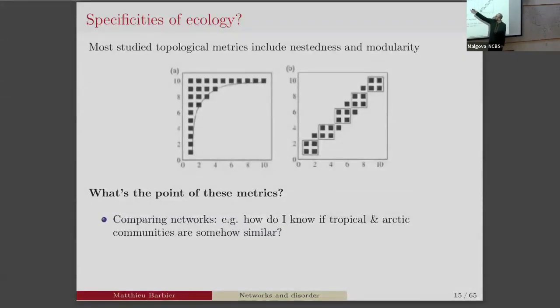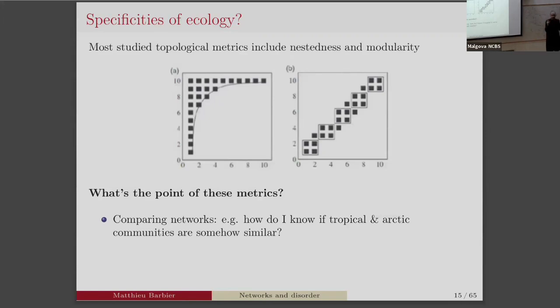So for instance, you can think of it as, let's say, plants and pollinators. It says that there is a plant who is going to be pollinated by everyone, and there's a plant who is going to be pollinated by a single insect. But the insect who pollinates the rare one is also pollinating the common one. I mean, the insect who pollinates the specialist is also pollinating the generalist, right?